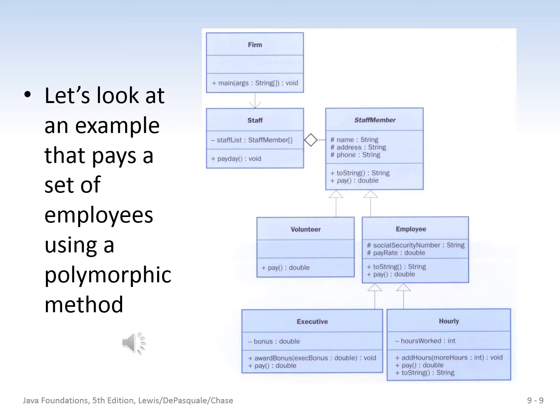So in StaffMember, there is a polymorphic method named pay. Depending upon the type of object that calls pay, remember that object is in an array called staffList of StaffMembers.